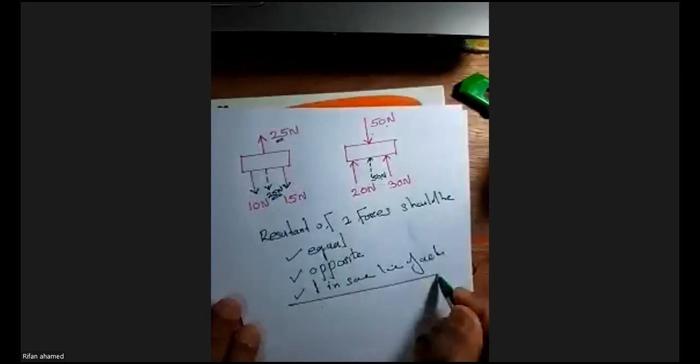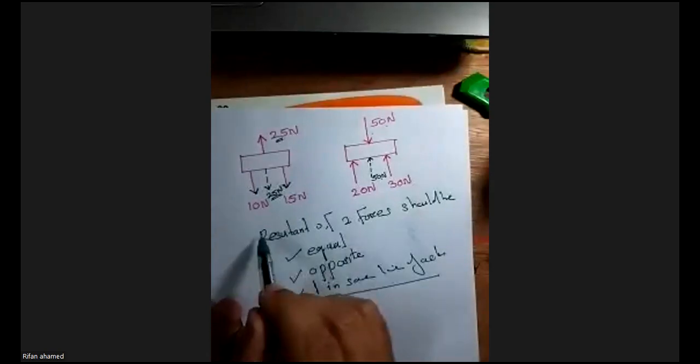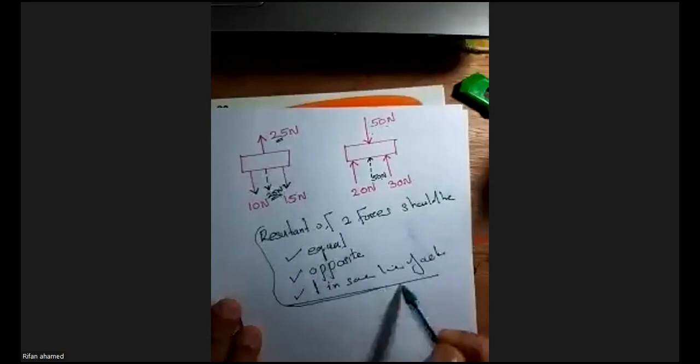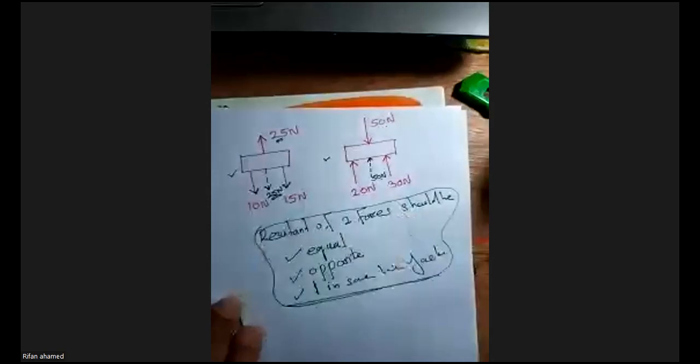If these conditions are there, they will be in equilibrium. Are you clear? Check whether I have written this part. You don't need to write that. The only thing is, draw these two diagrams and complete the work.